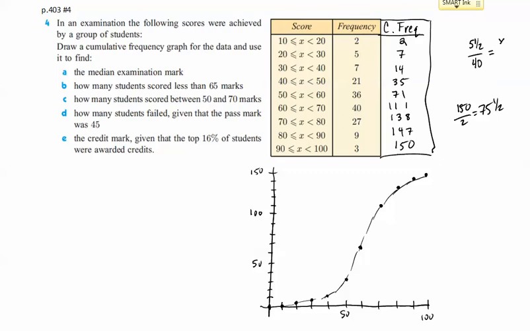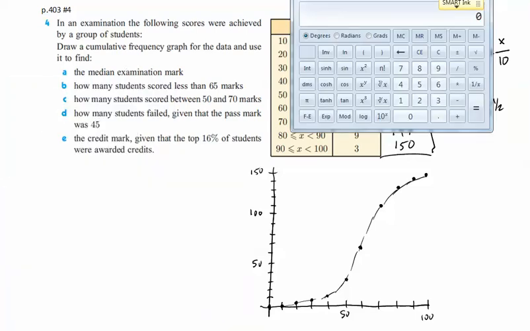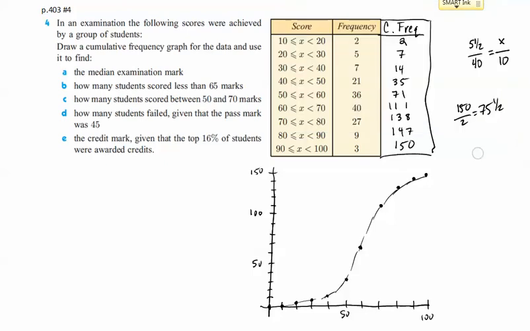So 5.5 out of 40 people equals X points out of 10. So I'm just using a proportion to estimate exactly what score that 5.5 would have. And so when I do that, I'll multiply by 10. That'll be 55 divided by 40. And so if I pull out my calculator and go 55 divided by 40, it looks like I got 1.375.